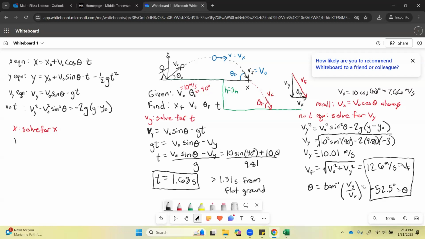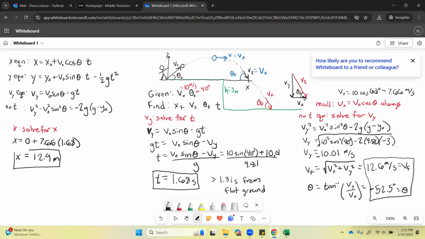So x equals, our x initial was just 0, plus v initial cosine theta. We got that over here: V initial cosine theta is the 7.66. So we'll just put that in here, 7.66, and then times t, 1.68. So x equals 12.9 meters.